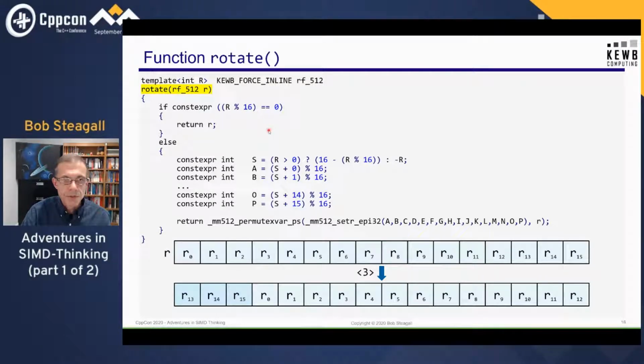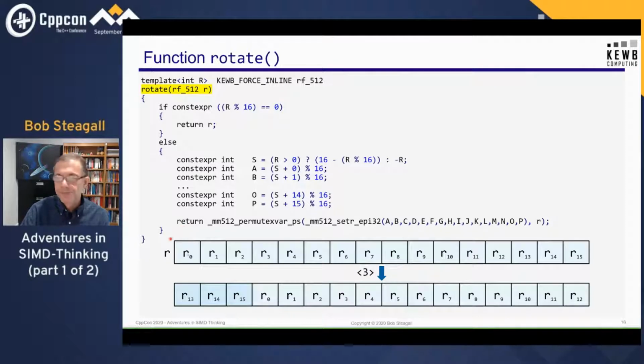If that's the case, then the result is the same as the original register. If not, then the function computes a bias value, which depends on whether R is positive or negative. It then takes the bias value and uses it to generate the parameters that get passed to the intrinsic that makes the permutation register, which then gets passed to the intrinsic that actually does the permutation.